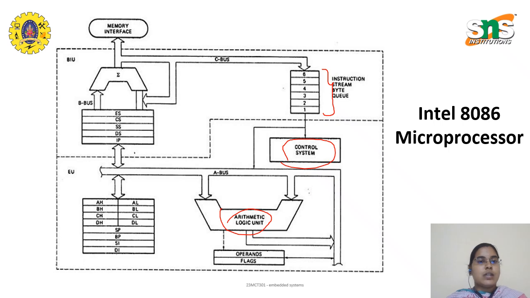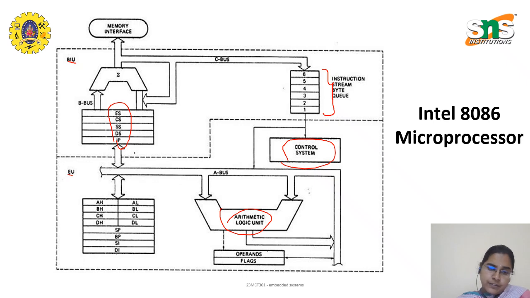Next, we have discussed the segment registers like ES, CS, SS and DS, and we have the two basic divisions: the bus interface unit and the execution unit. In the bus interface unit we can find the registers, and in the execution unit you can find two main units, the control system and the arithmetic logic unit operands.